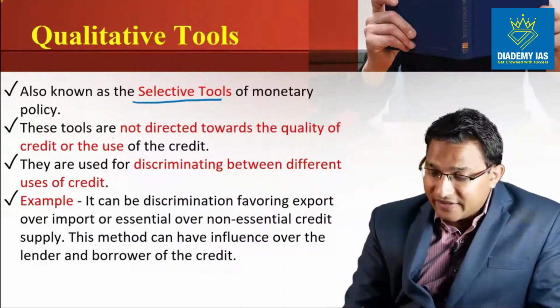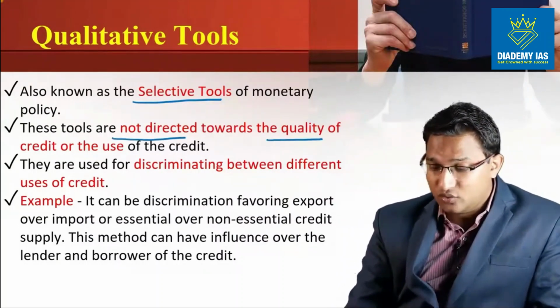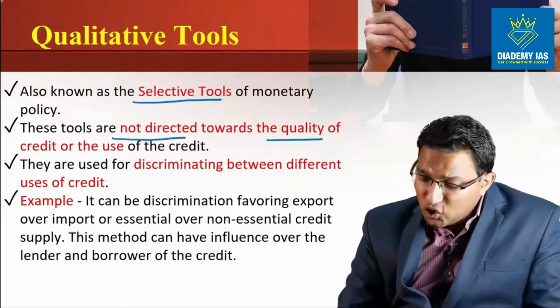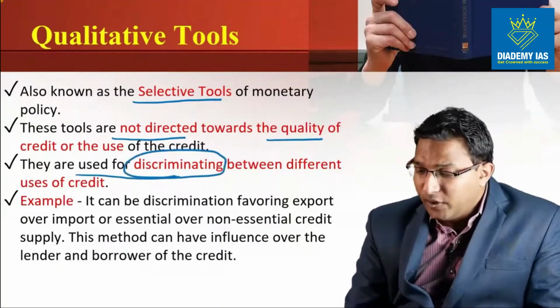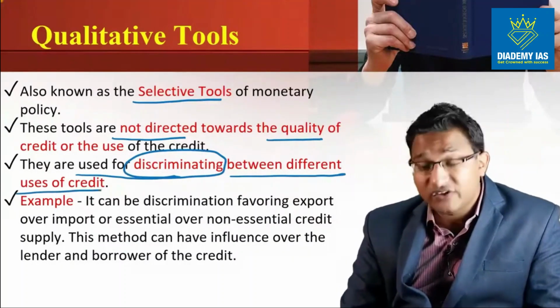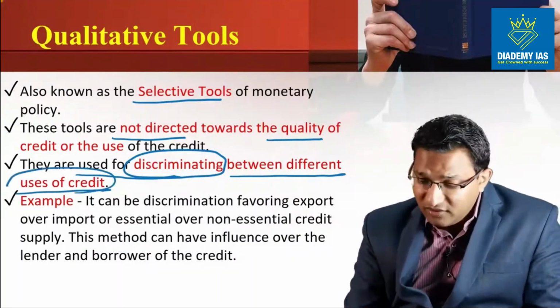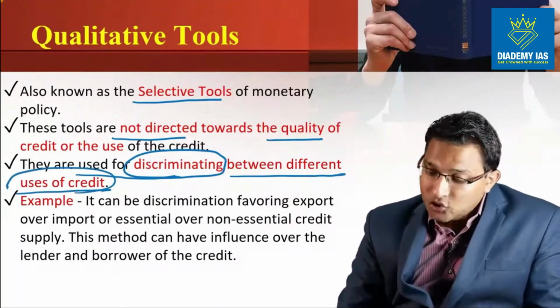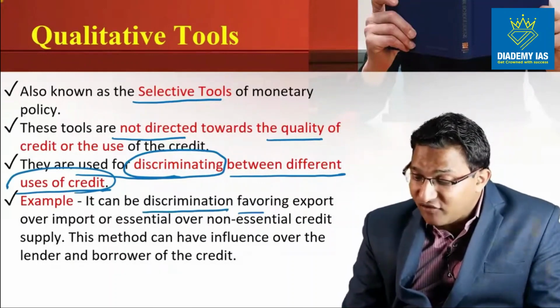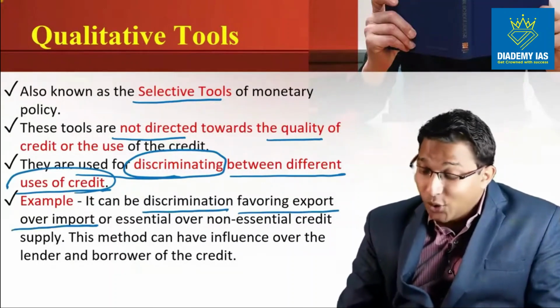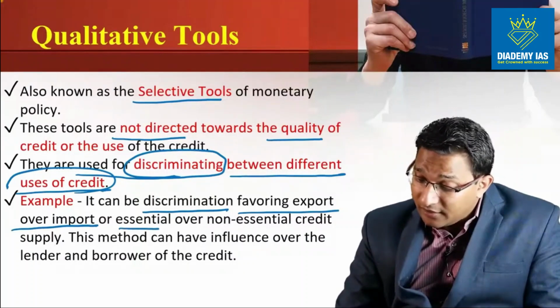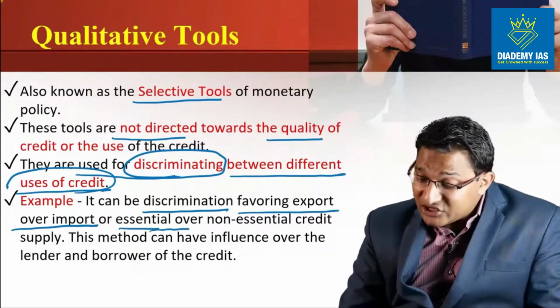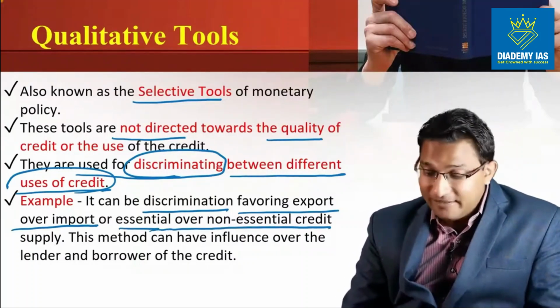These tools are not directed towards the quality of credit. They are used for discriminating between different uses of credit. So the focus is upon different uses of credit. There can be a discrimination which can favor export over import, or favor essential over non-essential credit supply.